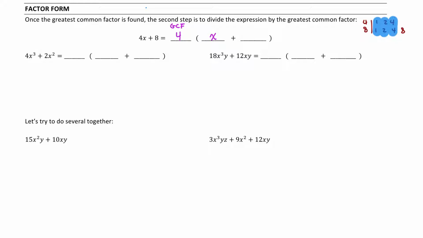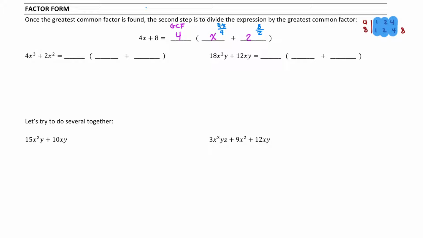And 8 divided by 4 gives me 2. So to write that out, this is 4x divided by 4, and this one is 8 divided by 4. And my final factored form is 4 times brackets x plus 2.